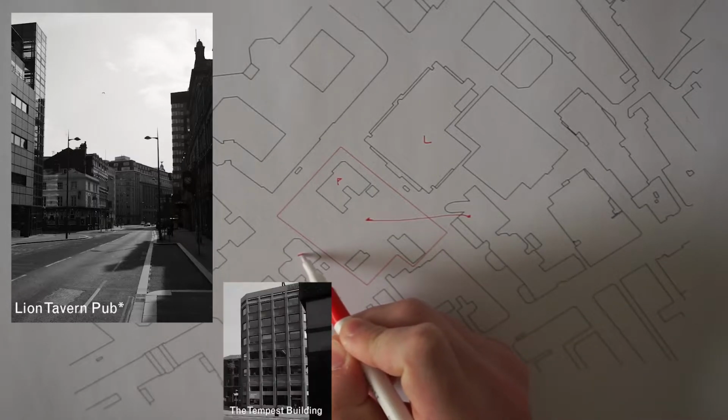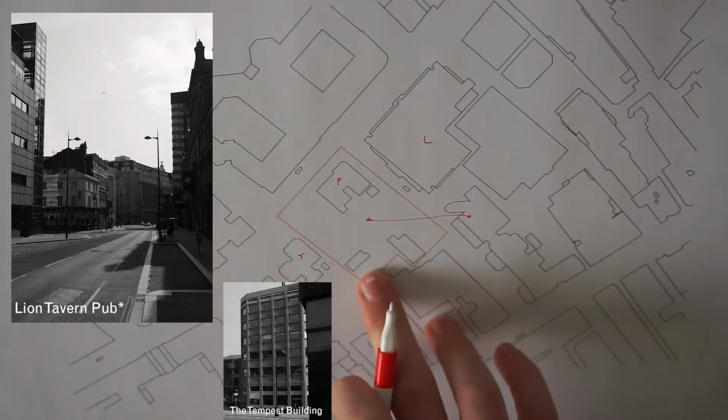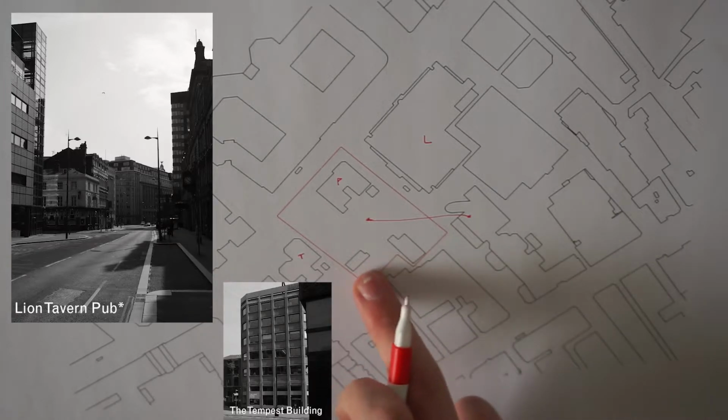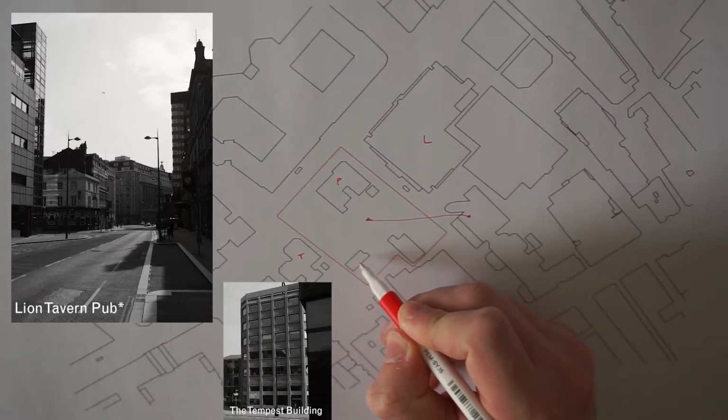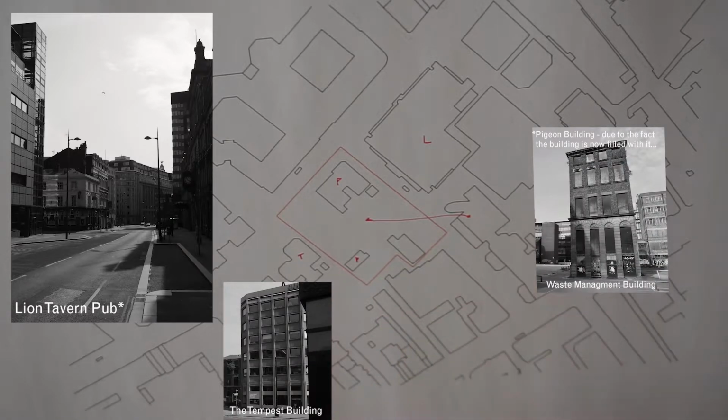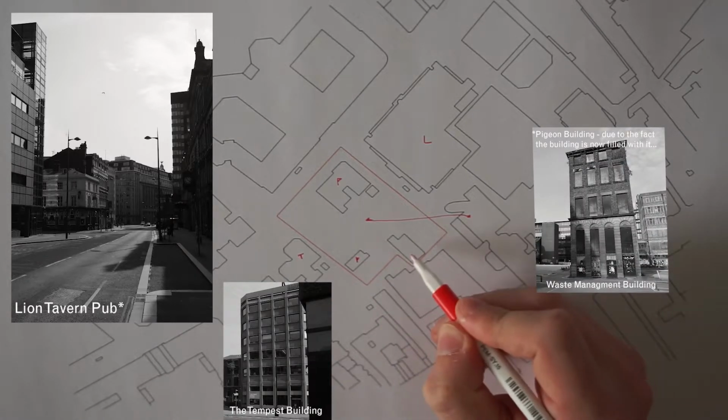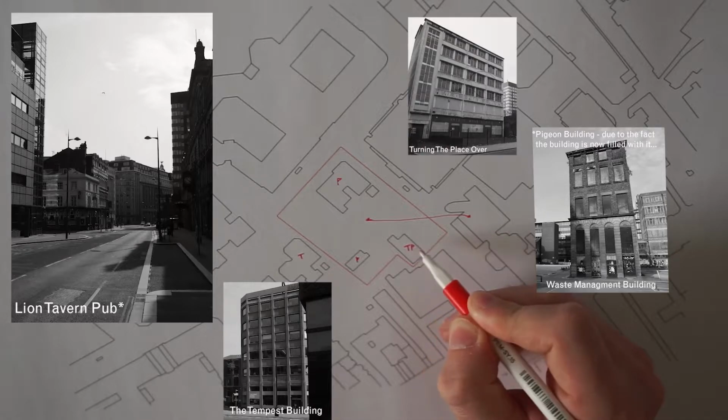This here is the Tempest building, and then we have, this is sort of like an old waste management facility, I think. So that was called a pigeon building, and this is Turning Place, which is basically like a rotating structure that is inside of, I think it's like an art installation, like it's inside of a building, and basically the building comes out and turns around.